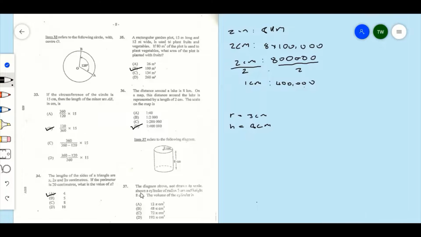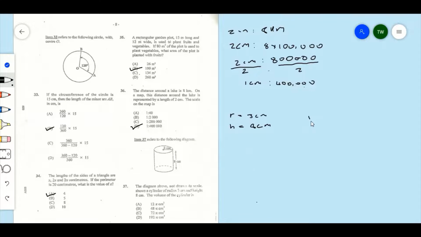Diagram 37, the diagram above, not drawn to scale, shows a cylinder of radius 3 centimeters and height 8 centimeters. The volume of the cylinder is... Now they want us to calculate the volume of the cylinder.